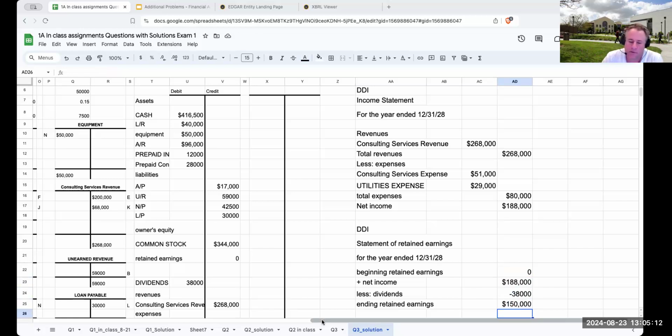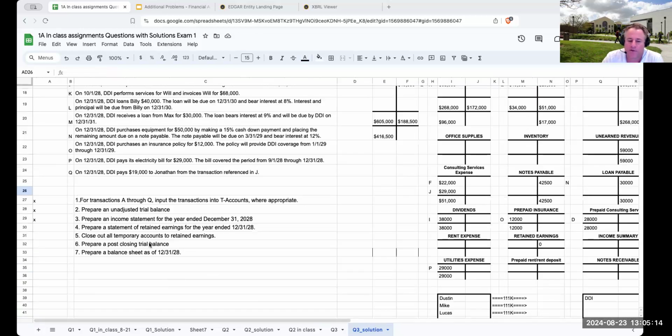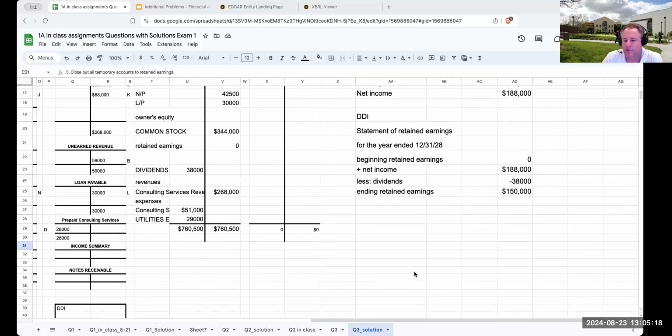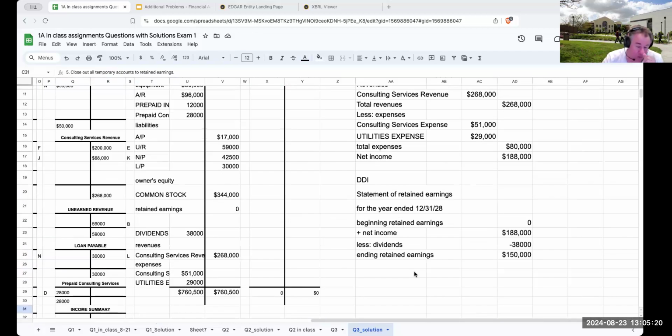So we come over here to the next one. Now it says close out all temporary accounts to retained earnings. What is a temporary account? It is going to be revenues, any expenses, and dividends. These are temporary because it's for a period of time.